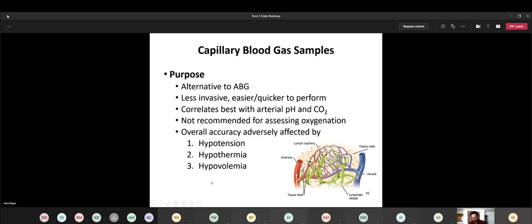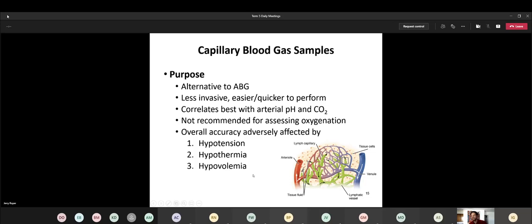So I'll put this picture here just to show you a standard view: here's your tissue, here's an arterial, capillary, venous, etc. But then notice that your lymphatic system is integrated throughout that entire system. So a lot of times if you're squeezing too hard on that site or too hard on that heel, you're now forcing lymph material out, and it's going to get mixed in with your blood.